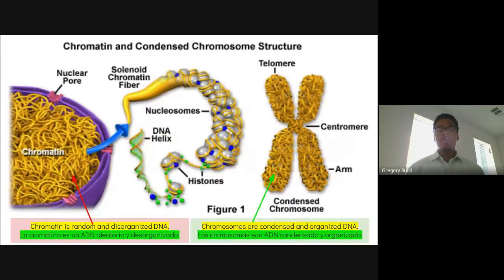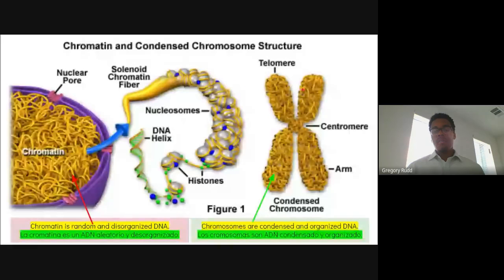One of my students in my previous class asked me that. So if you're wondering why does it look like that, there is a reason. But it's just random and disorganized DNA. There's no order to it. But chromosomes, on the other hand, are condensed, meaning they're ordered, and they're organized. They're tightly wrapped around a specific structure.